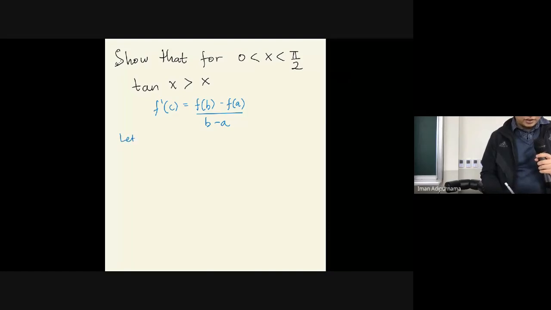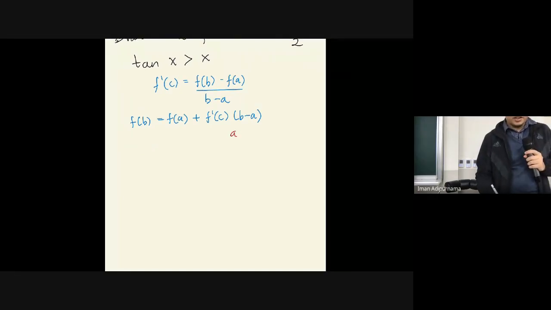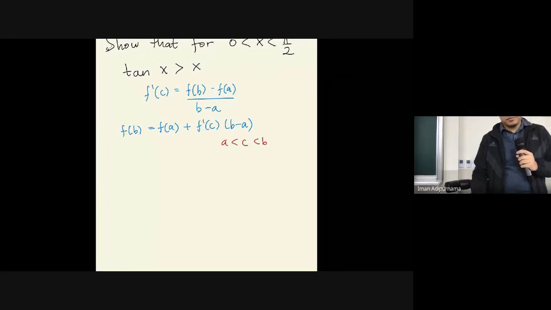We can let me rewrite the function from here. So f(b) is f(a) plus f prime c times (b minus a), and a is less than c less than b. To make sure that we are really approaching the correct interval, let me write another term x.